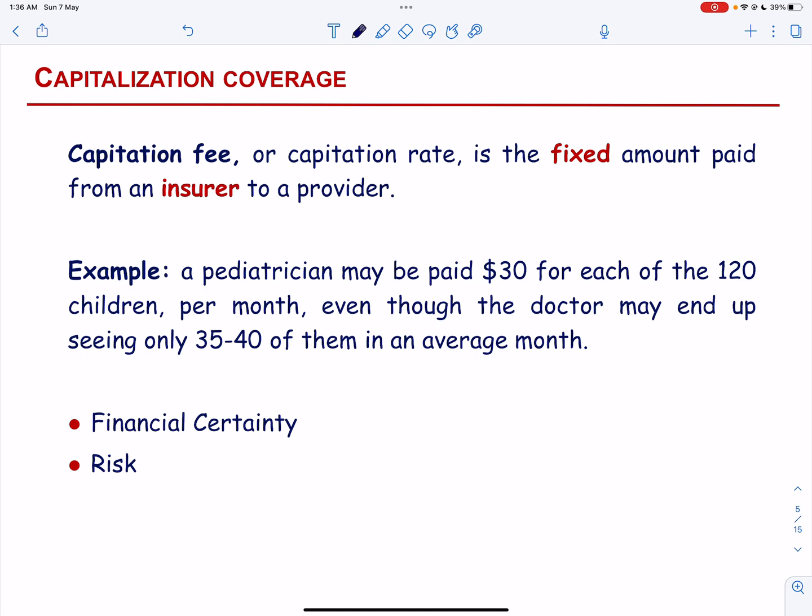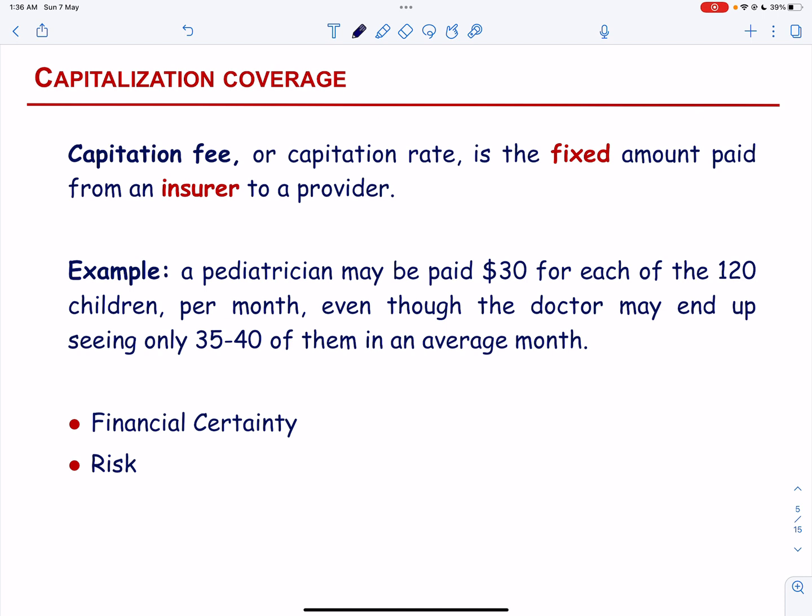Under a capitation system, healthcare service providers are paid a fixed amount for each enrolled person, whether or not that person seeks care per period of time. For example, a pediatrician may be paid $30 for each of the 120 children per month.